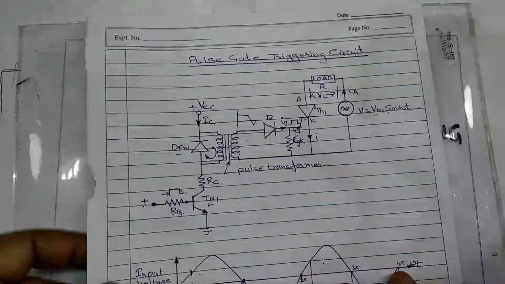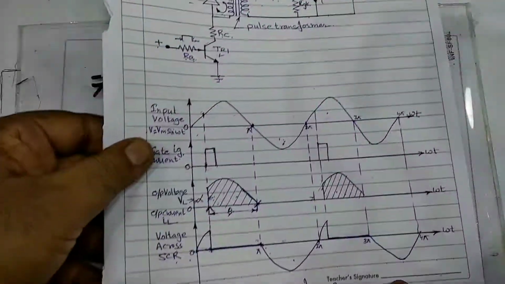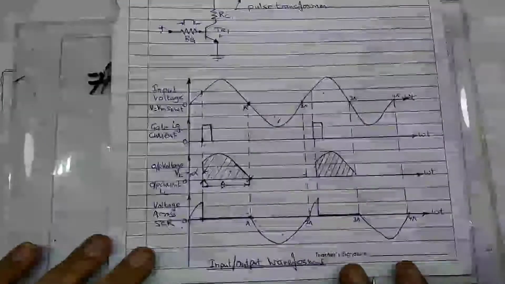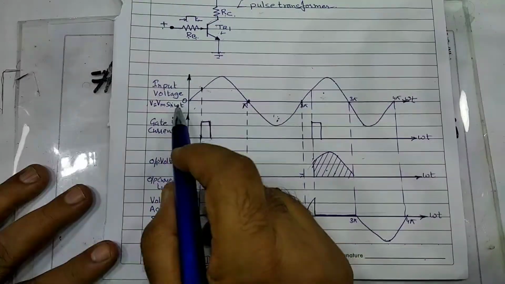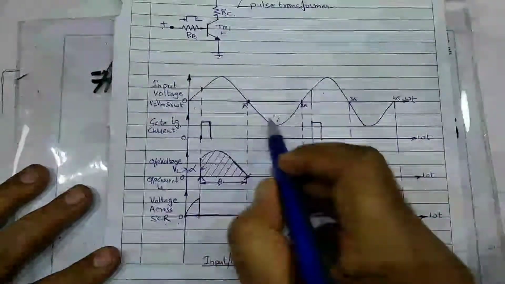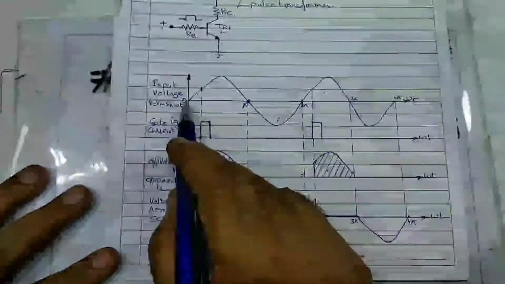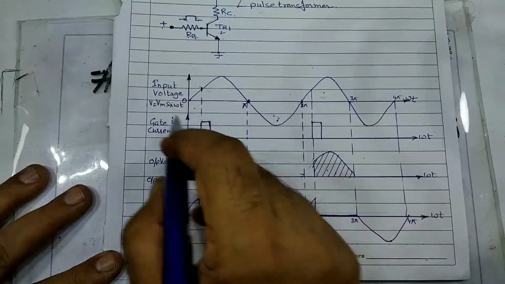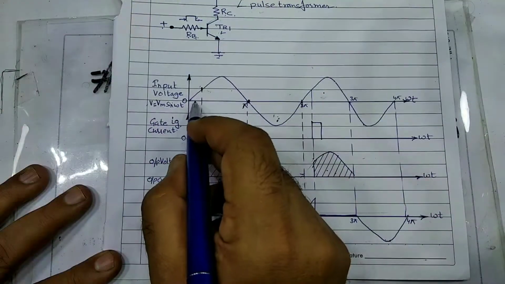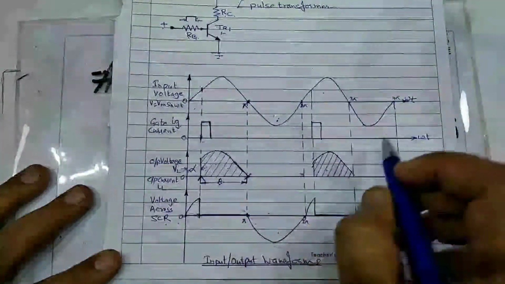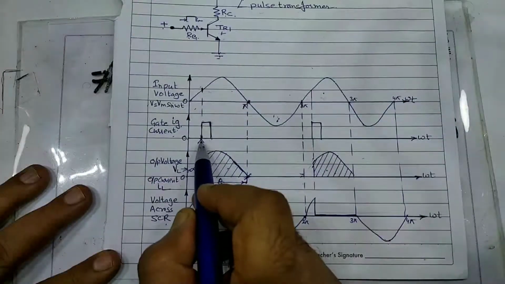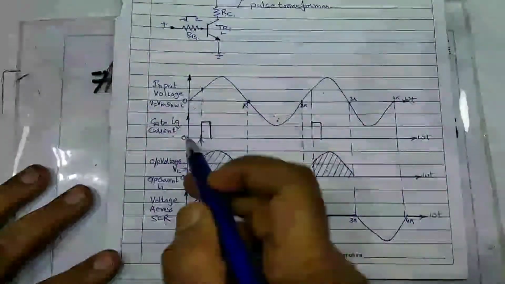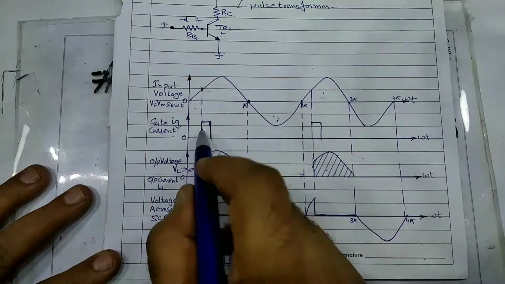Okay, now we will see the input and output waveforms of this circuit. The input voltage is AC, as we can see. So V is equal to Vm sine omega t, that is the input. At this particular point, the gate pulse arrives on the gate.